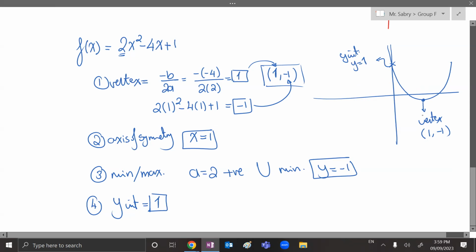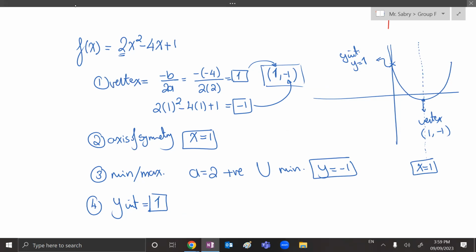Now I'll also put a dotted line at the vertex, a vertical dotted line to represent the axis of symmetry. And I'll write at the dotted line itself x equals 1, which is the axis of symmetry. It's 1, right? Yes, of course.